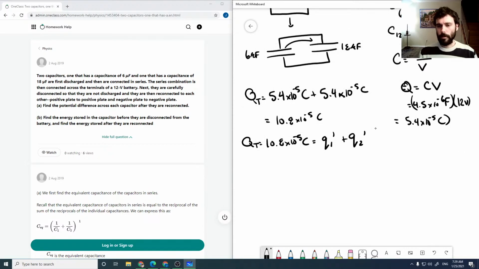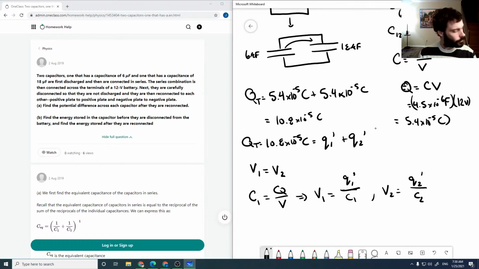They will redistribute to maintain the same voltage, so V1 will equal V2, and we'll still have that capacitance is equal to charge over voltage. So rearranging this, V1 is Q1 prime over C1, and V2 is Q2 prime over C2.